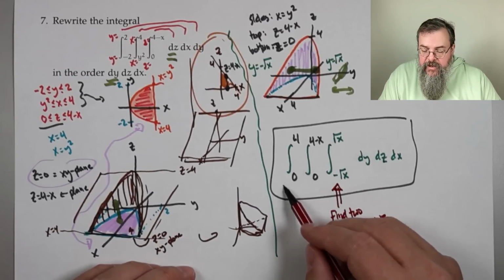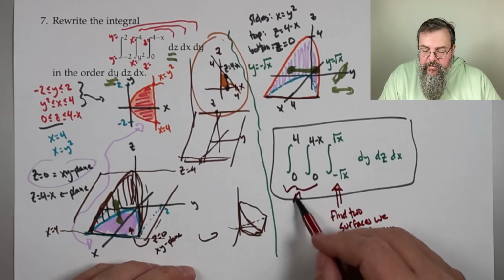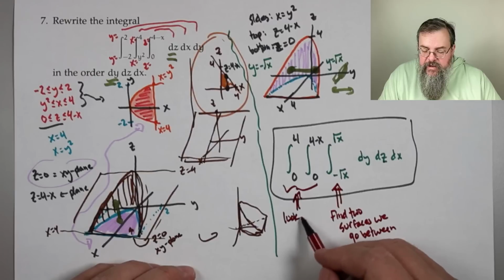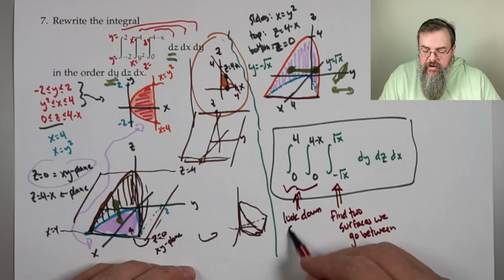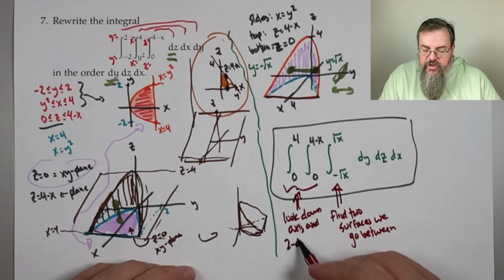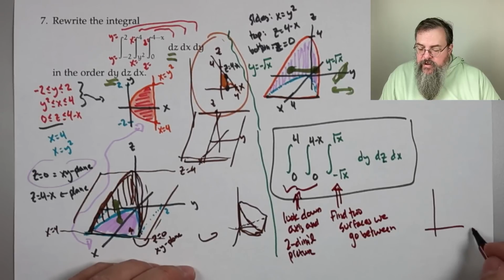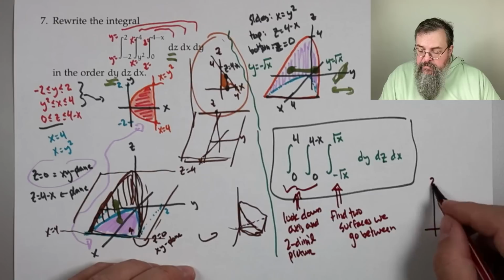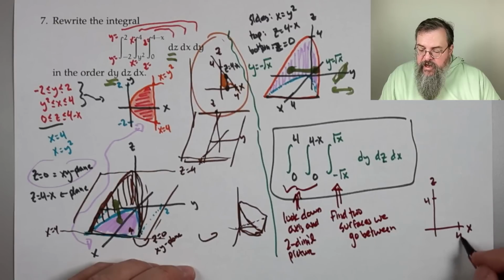So here, the way we find these is we say, okay, look down the axis and do the two-dimensional picture. So when we look down the axis, what did we see? We saw in the xz plane, and I'm just copying it again.